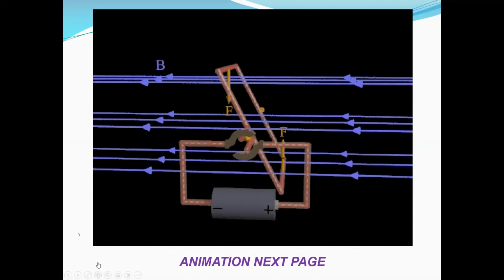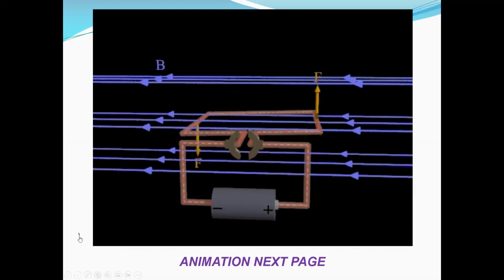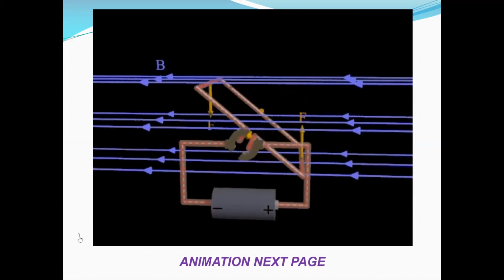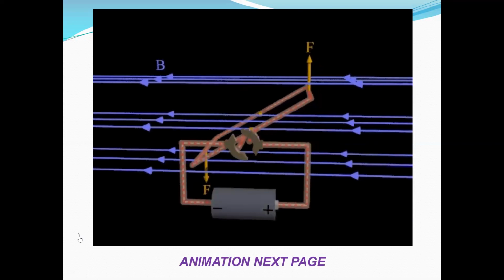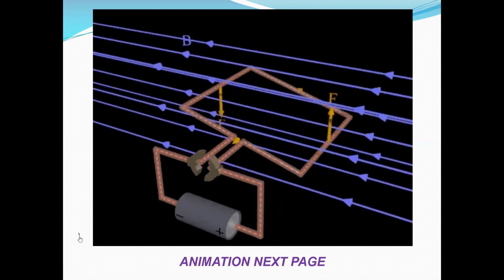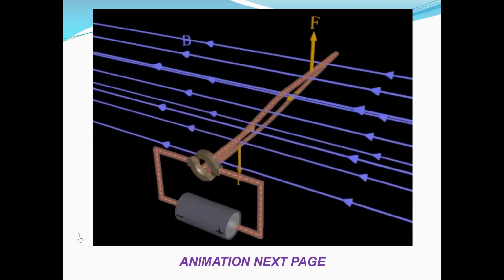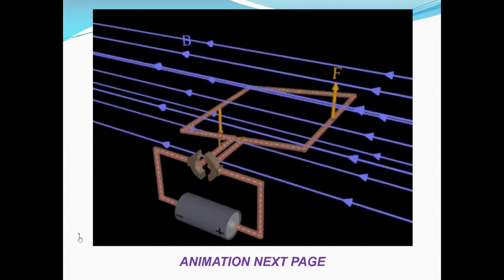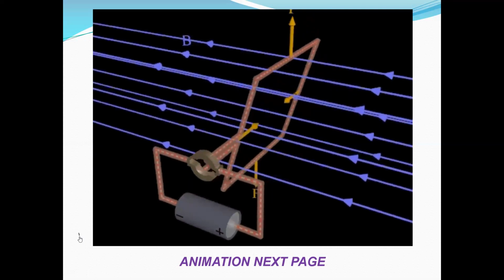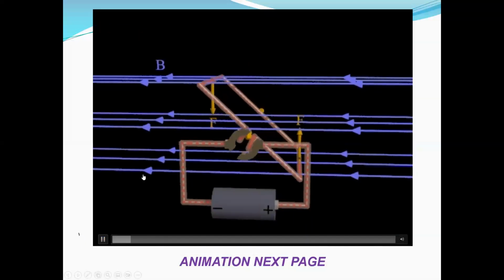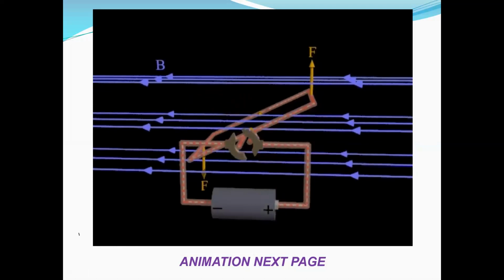Yes, sir, I'm here. Yes, I can see the animation moving. The force goes upwards, then it rotates too. But can you see the current stops in between when the brushes have a gap? Can you see the flip? Current stops. Yes, I can. I will play it again. Look carefully when the current stops.